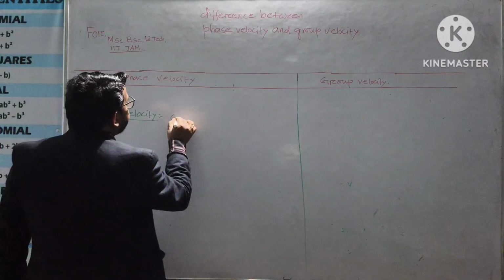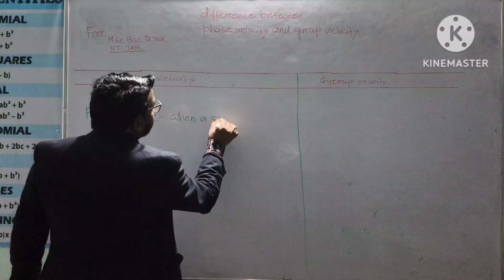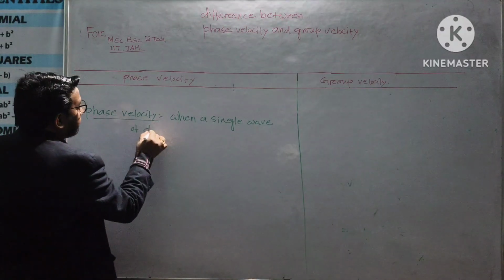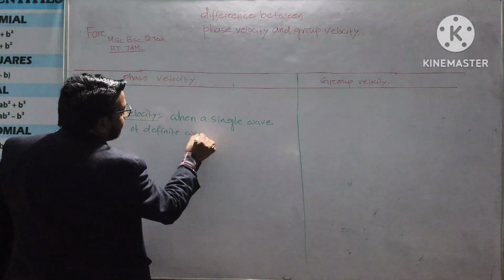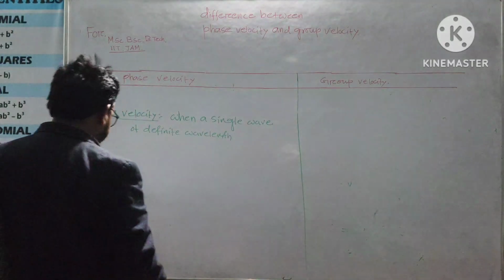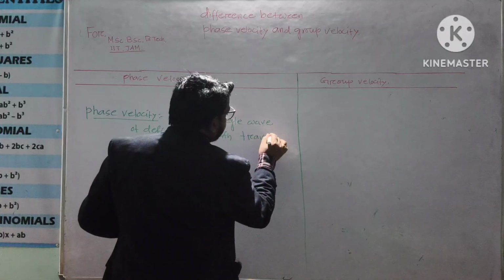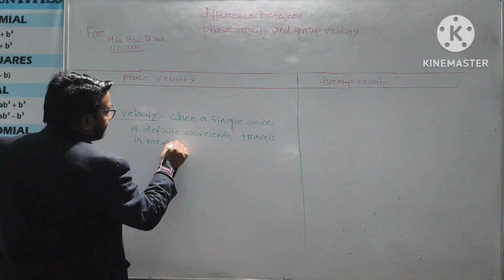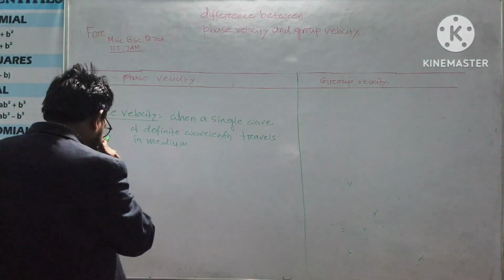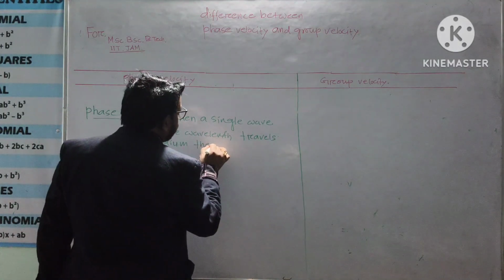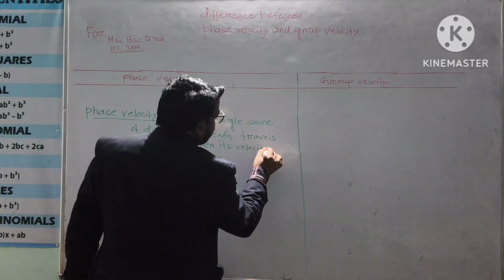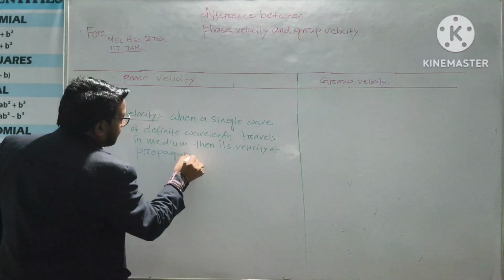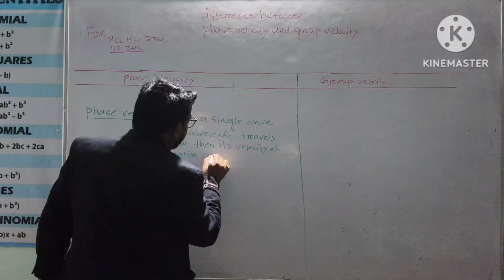When a single wave of definite wavelength travels in a medium, then its velocity of propagation is called phase velocity.